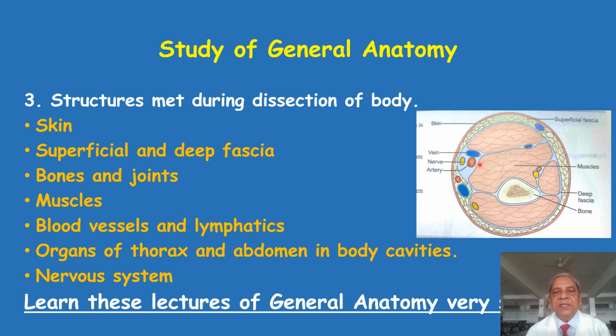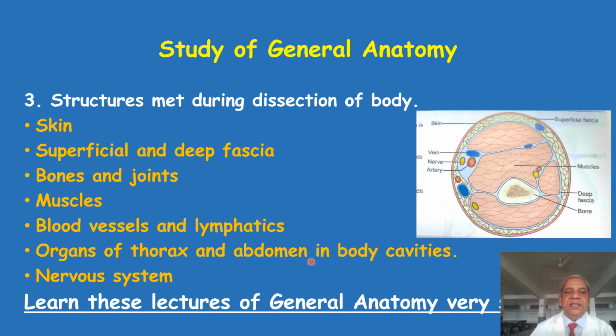For example, there is a cavity for the lung, the pleural cavity, then the pericardial cavity in which the heart is present. You will be told about the viscera present in the various cavities, very generally, and in the abdomen there is a peritoneal cavity like that. So the body cavities will be taught.